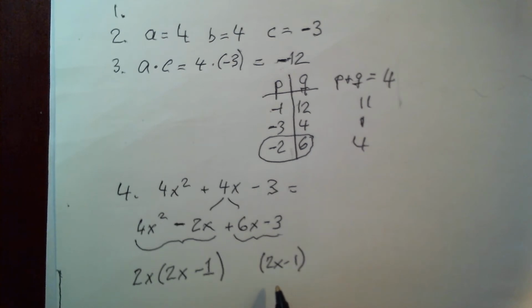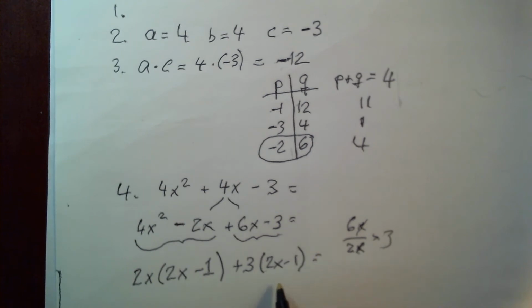And here's a little trick how to figure out what to factor out. You divide the term with the x by the first term in the binomial. So 6x divided by 2x, the x's cancel, and 6 divided by 2 is 3. So we factor out a positive 3.